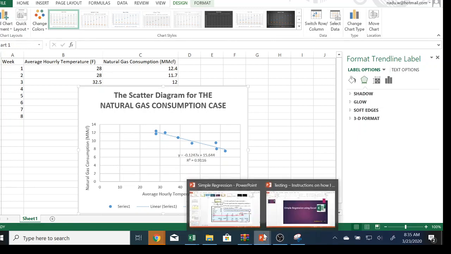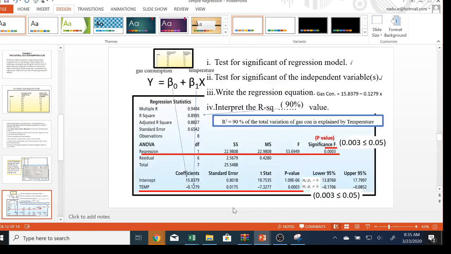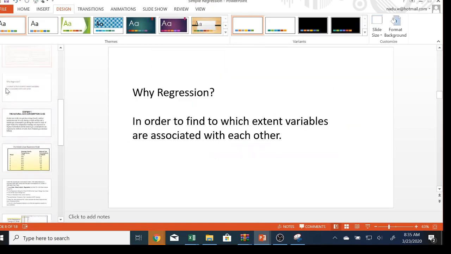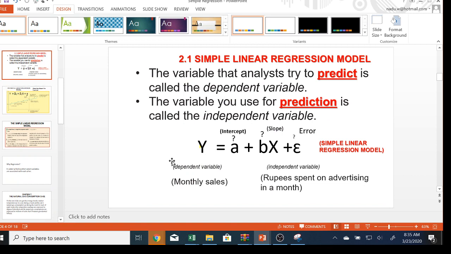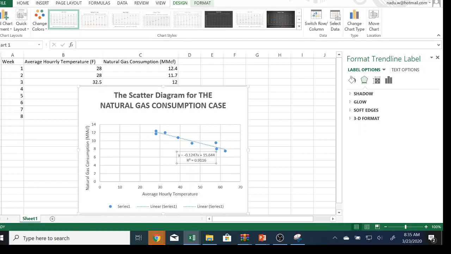So here, if we look at the model, it's more equal to this, y equals a plus bx. So b is the slope or the coefficient, a is the intercept. So what is the y-intercept here? It's 15.644.